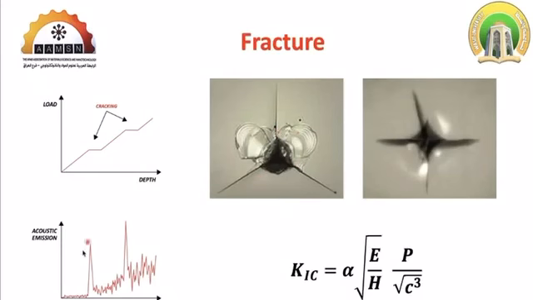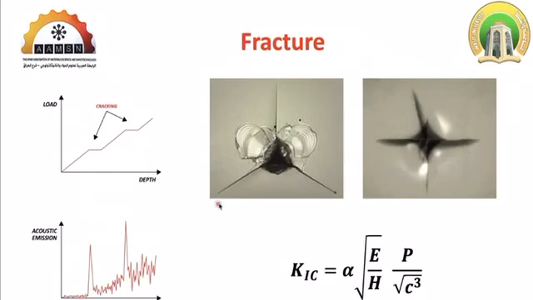Some nanoindentation instruments are equipped with an acoustic emission sensor. What the acoustic emission sensor does is listen to the material, and when there is a sudden acoustic emission, it records.